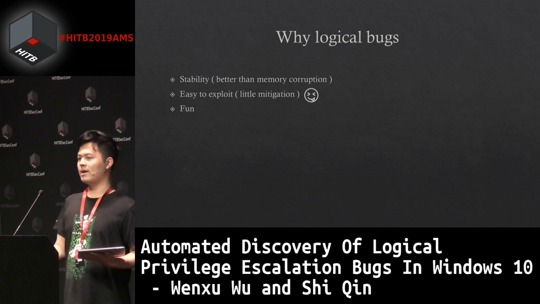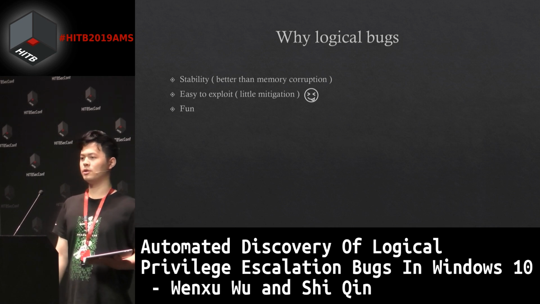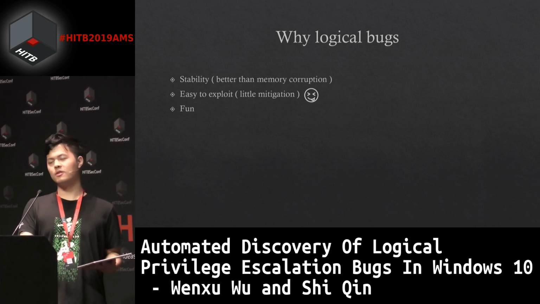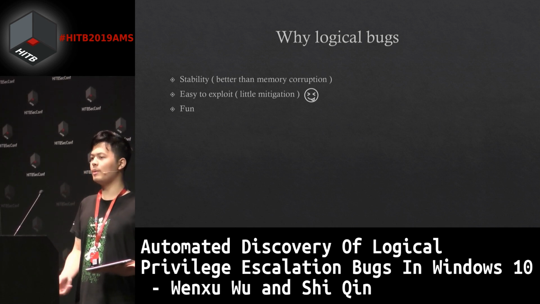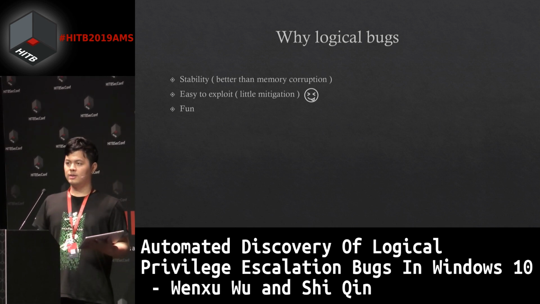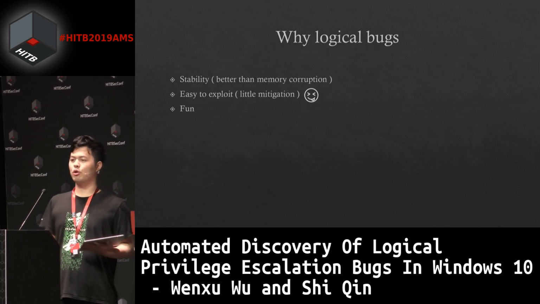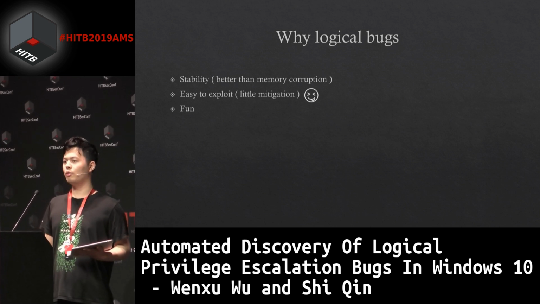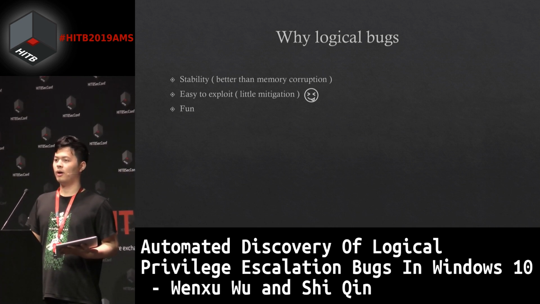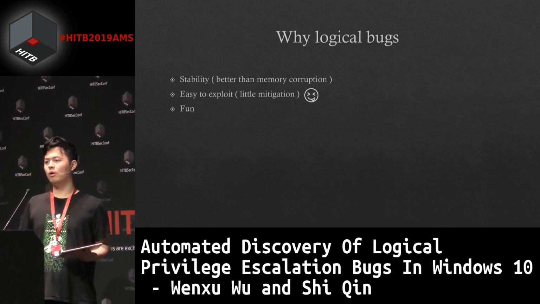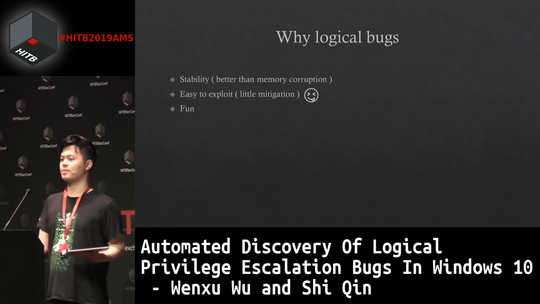So you may ask why I chose logical bugs. The first reason is stability. All of us know that memory corruption bugs are no longer stable. With Windows 10.1 or other systems, the exploit writers just run their exploit again and again, but it fails.